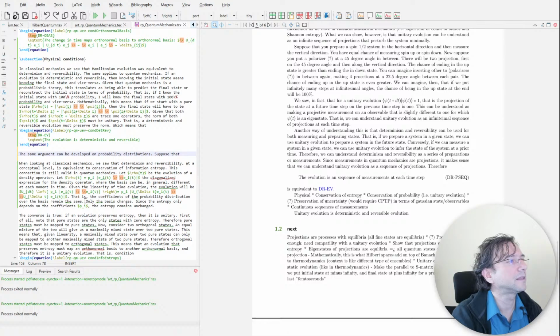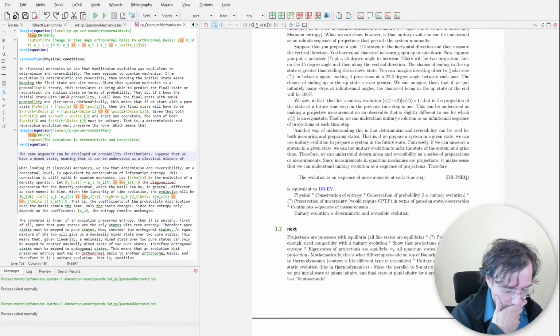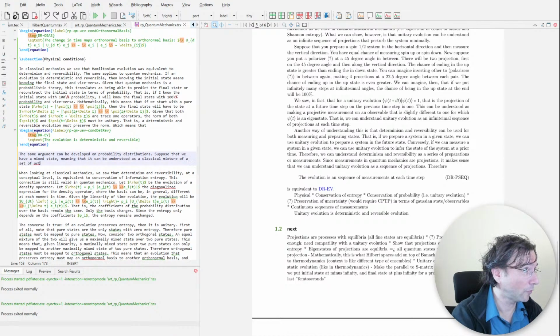Suppose that we have a mixed state, meaning that it can be understood as a classical mixture of a set of orthonormal, or orthogonal, states.